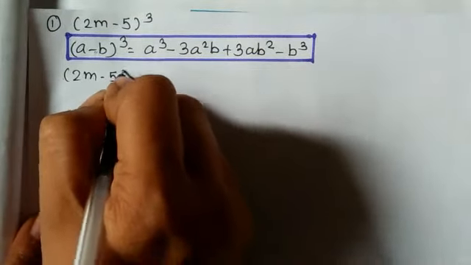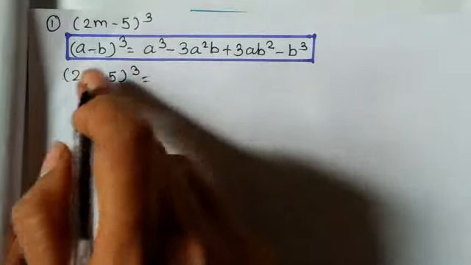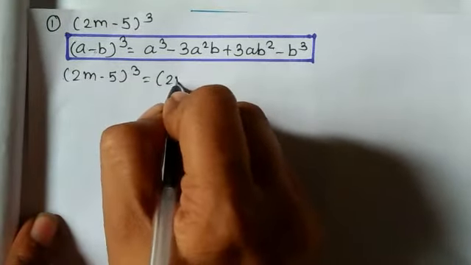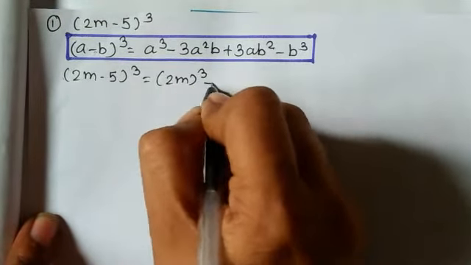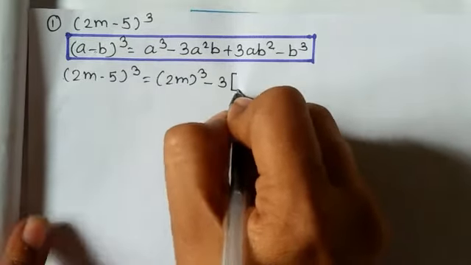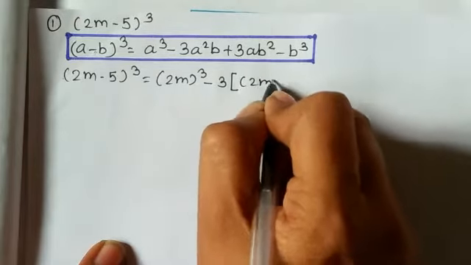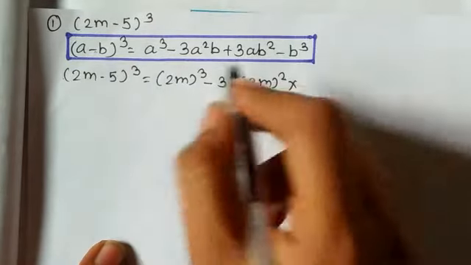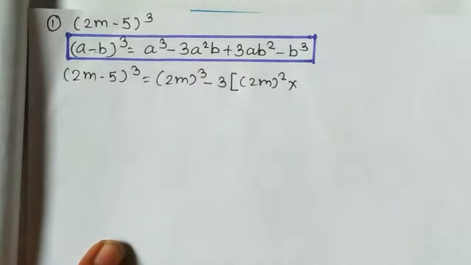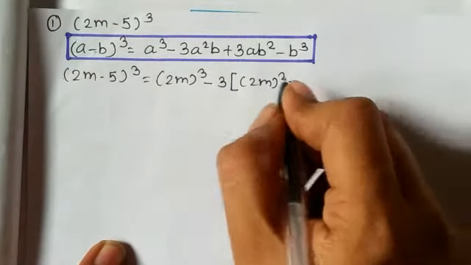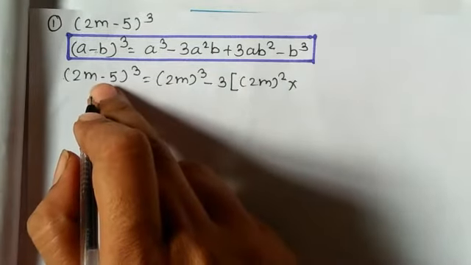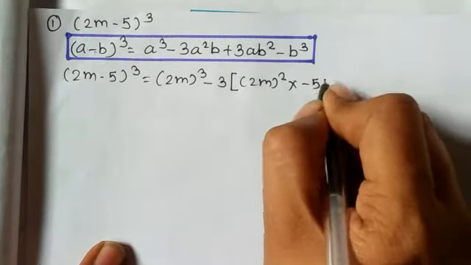(2m minus 5) bracket raised to 3 is equal to first term's cube, it means 2m's cube, minus 3 into bracket first term square, it means (2m) square, multiply with 5, but here we are going to write the negative 5. With the symbol we have to pick up the 5.